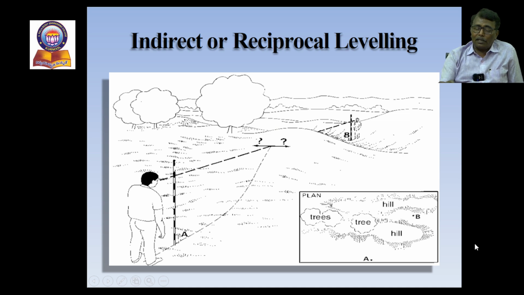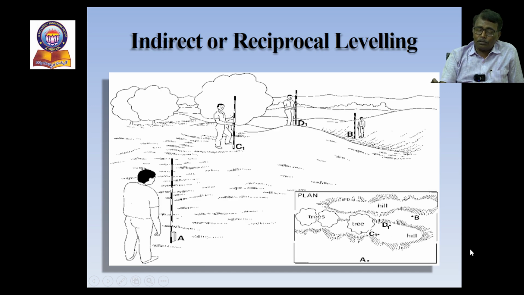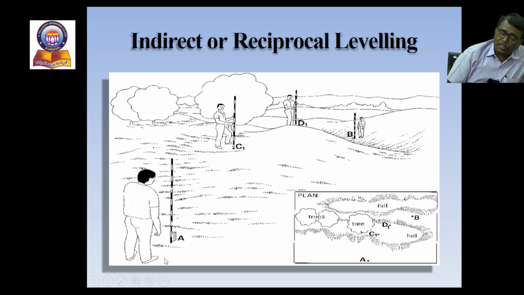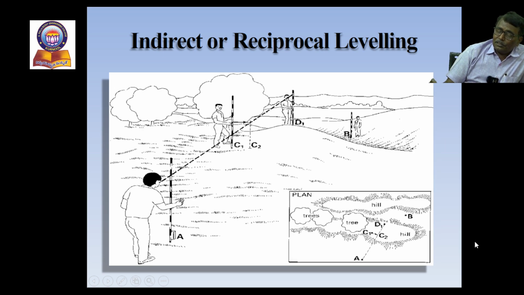Let high ground be intervening between the 2 points A and B. Then we have to select points C1, D1. The persons standing at C1 and D1 will direct each other, with A and B fixed and C1 and D1 moved, such that C1 moves to a new position C2 such that A, C2 and D1 will be in a straight line.